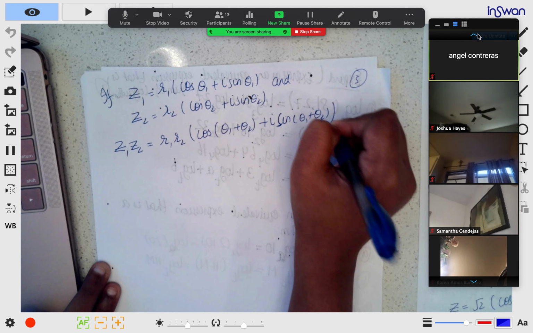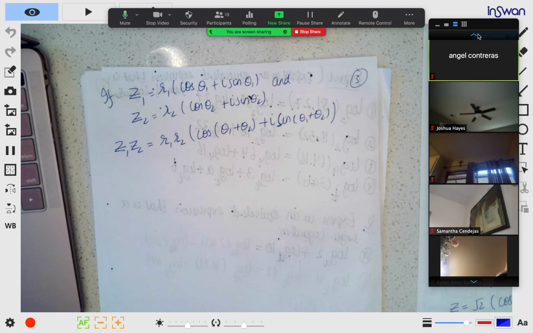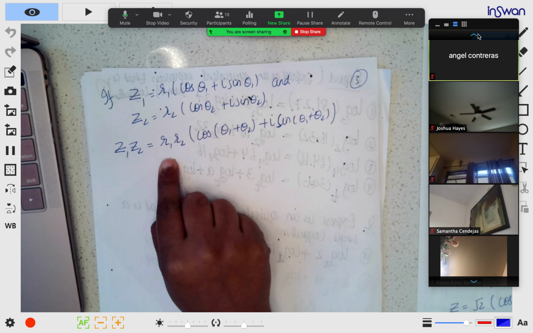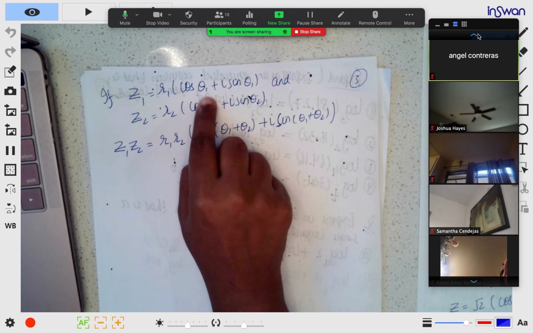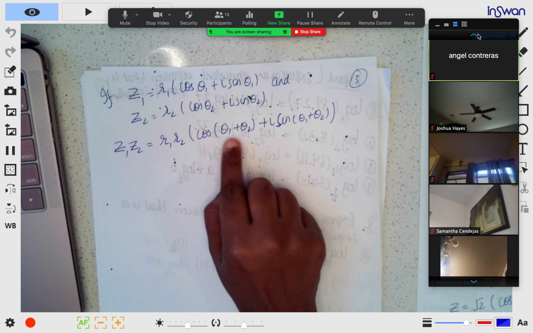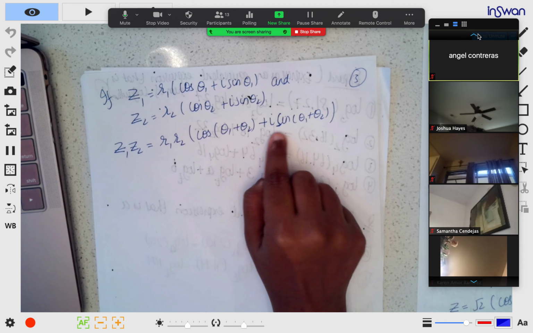That's how you multiply them. So if you're given two complex numbers in polar form, and I say multiply them, multiply the r's, it will become r1 times r2, but you're gonna add the thetas. You're not gonna multiply the thetas, you add the theta, so it becomes theta 1 plus theta 2, plus i sine theta 1 plus theta 2.